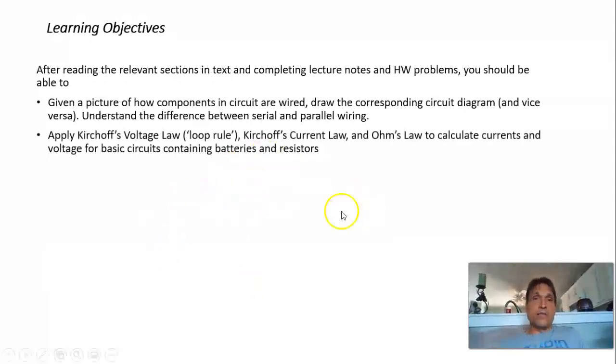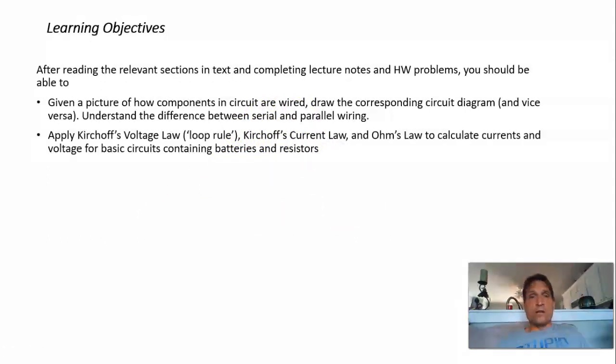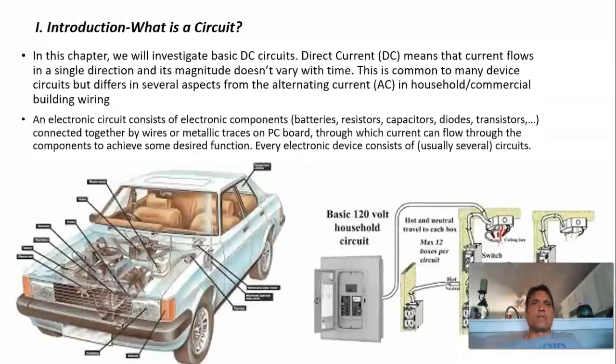Here are the learning objectives of this set of lecture notes, which will mean more after we go through this. In the chapter, we're going to start off with basic DC circuits, okay? In DC, you may have seen this.